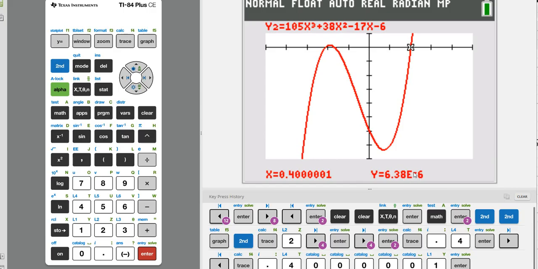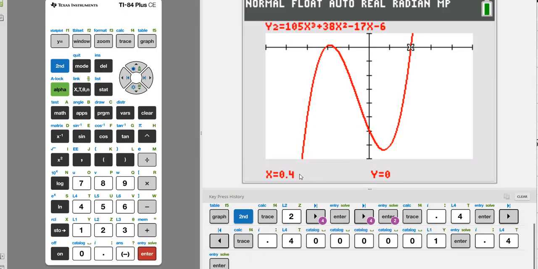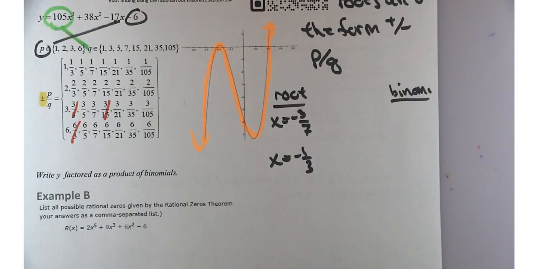That's just times 10 to the negative 6, which means if you wrote it as a decimal, you'd have 5 leading zeros and then the 6. So it means you're very close to a root, but you're not exactly there. So maybe you try 0.4 and that works. So great question. Let's put that last one down.